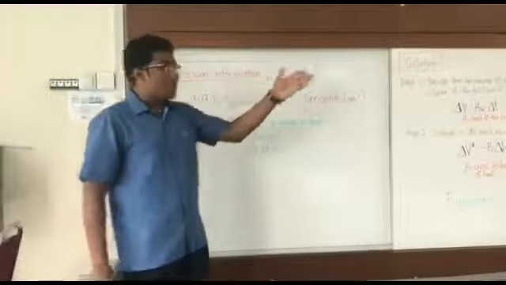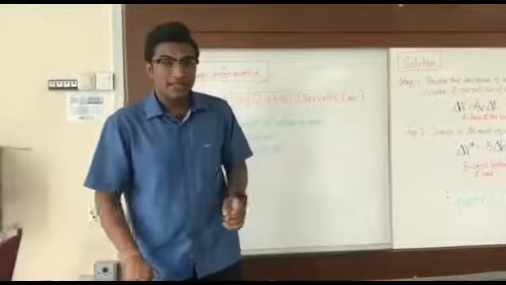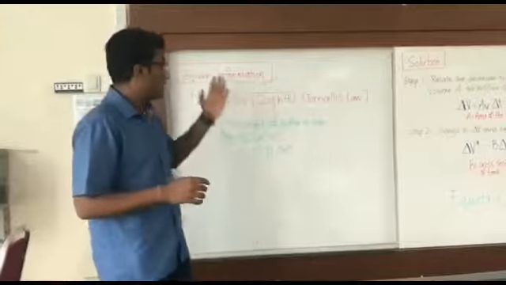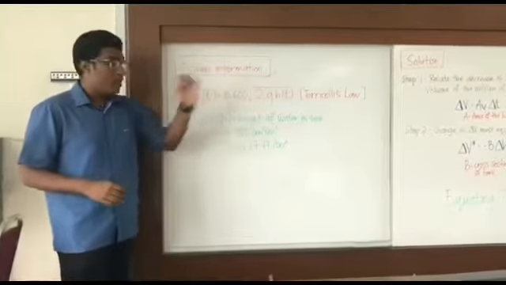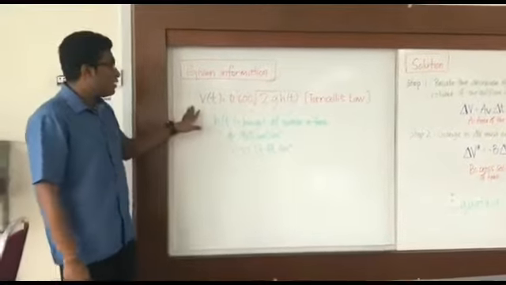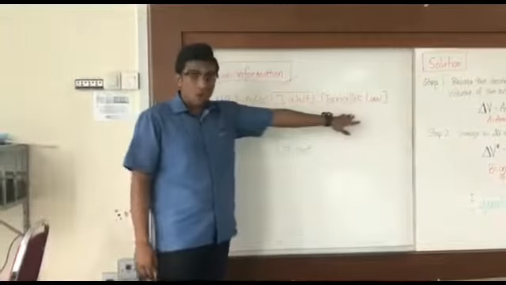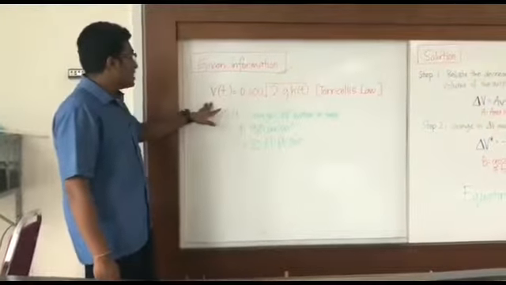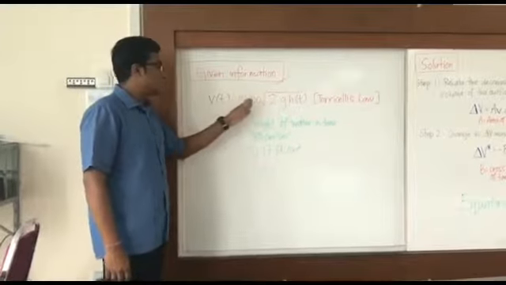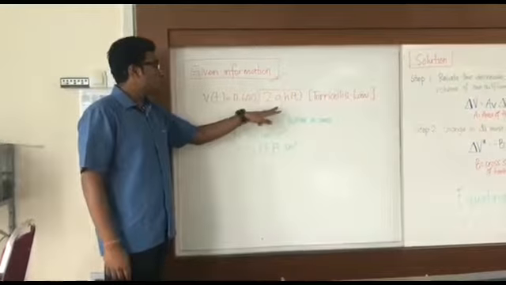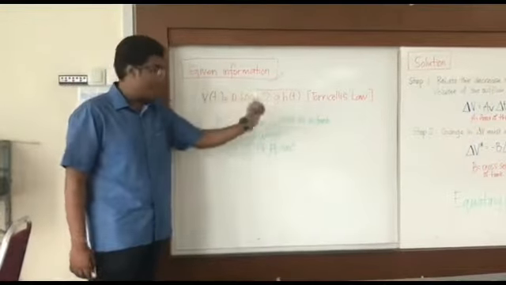After discussing the diagram of the question, let us derive the given information from the diagram. Now we have Torricelli's law, which is v(t) equals 0.600 square root of 2g h(t).